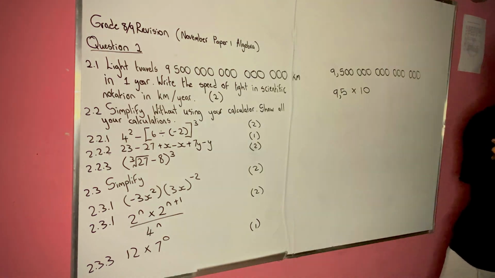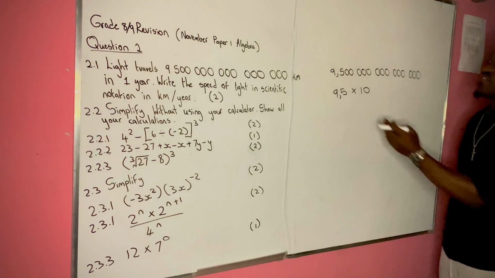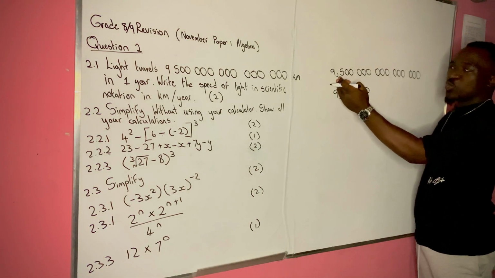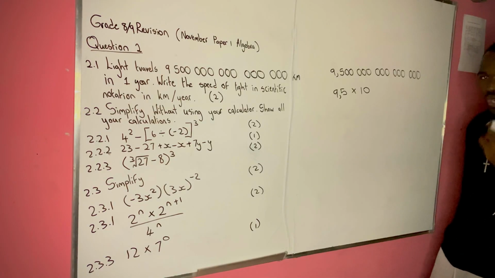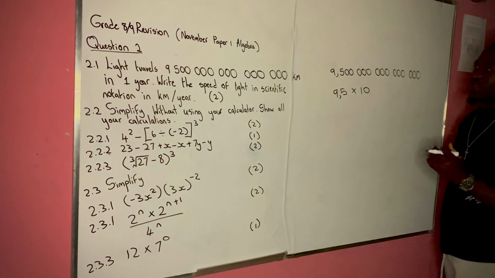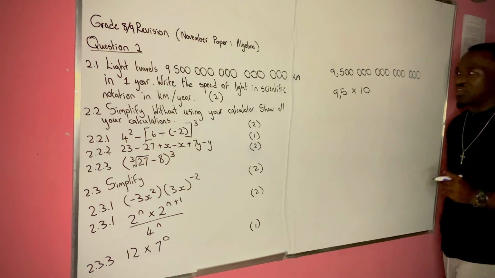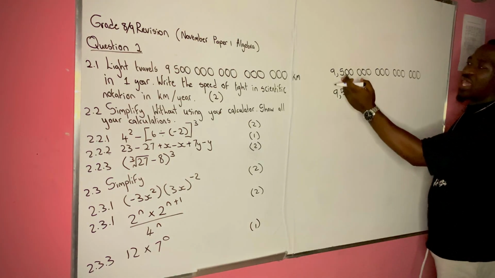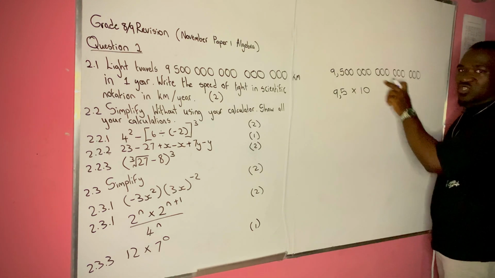Now we look at how many digits we have after the comma. Remember, guys, when natural numbers and whole numbers were introduced in number systems, we know very well that after the comma, even zeros are numbers.